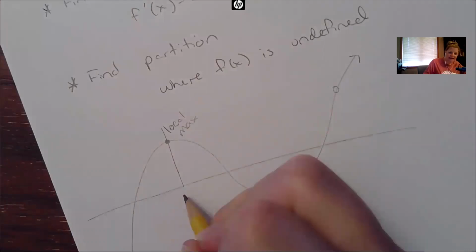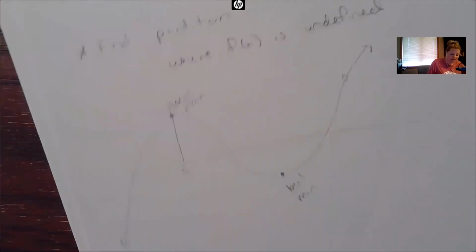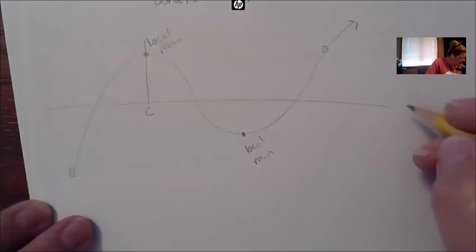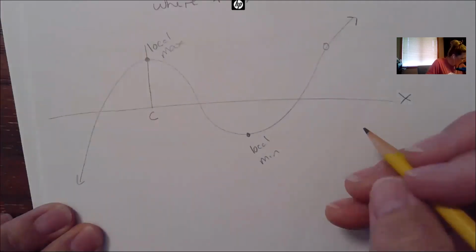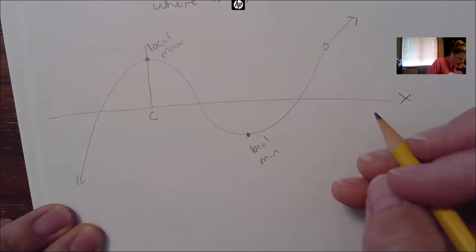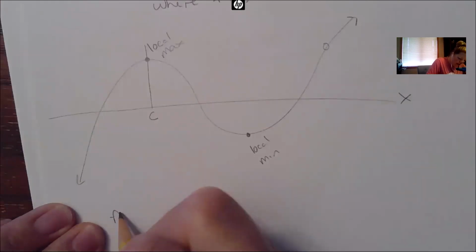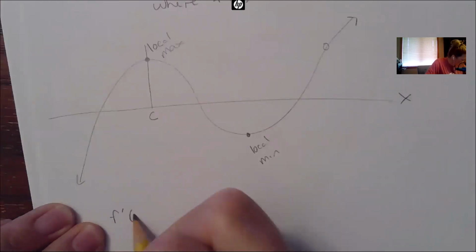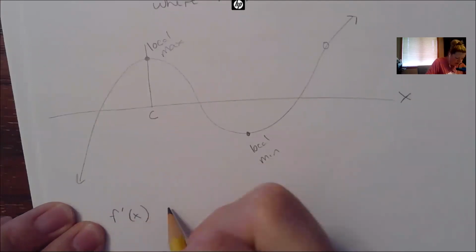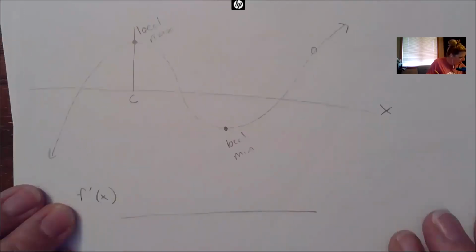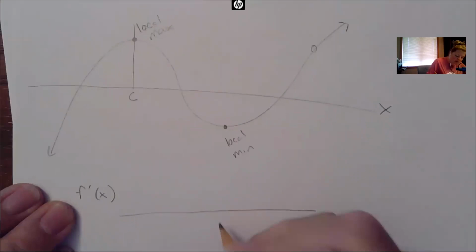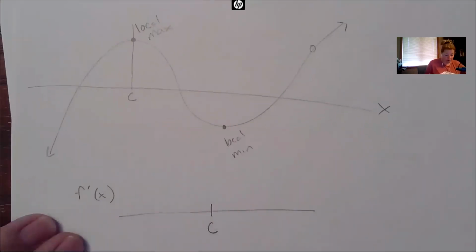Okay, if this is our X, that's C. So what I am saying is that if my derivative of my function is on a sign chart here, and here's my critical value, that'll normally be a number, maybe that's at 2, 5, who knows.